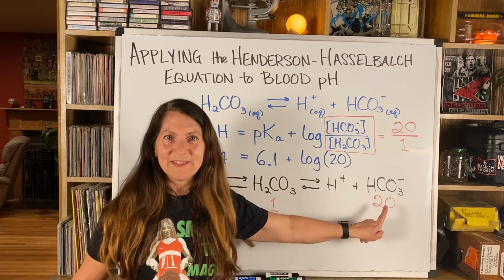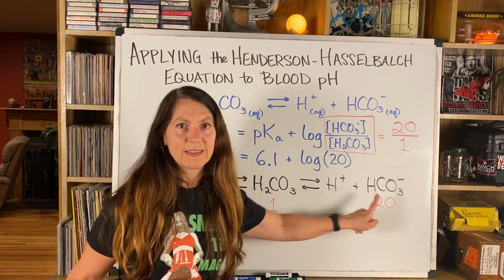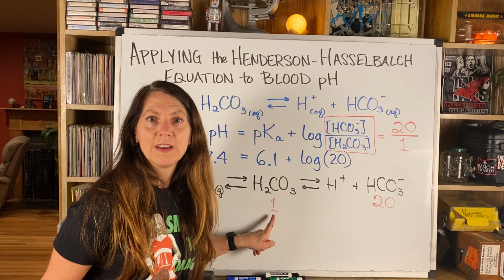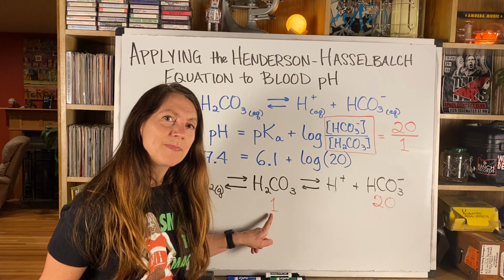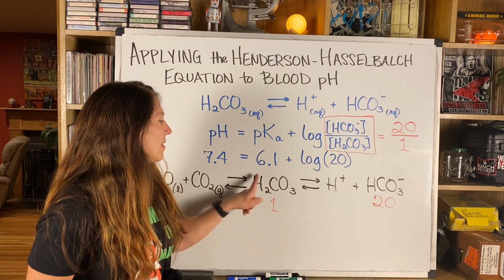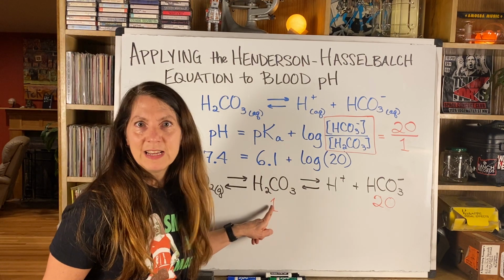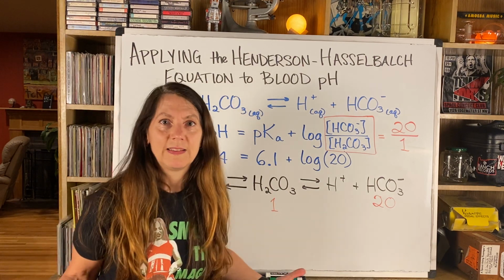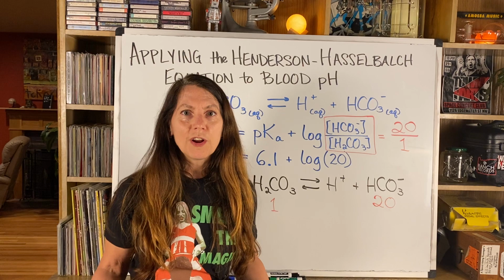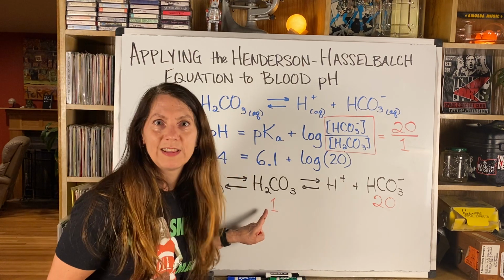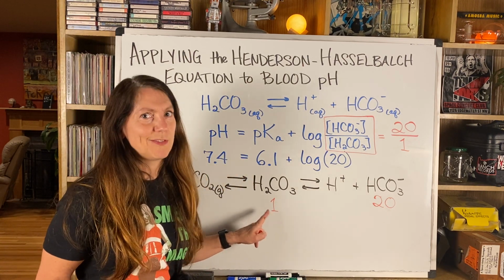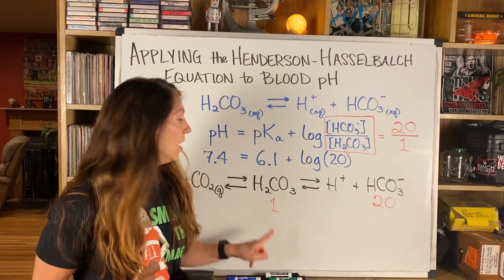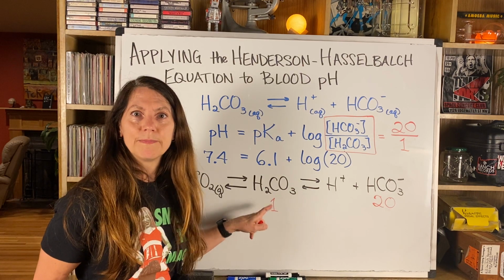We have a heck of a lot more of the bicarbonate than we do of our carbonic acid. So that means that this carbonic acid needs to be depleted somehow. The physiology in our body needs to be constantly getting rid of or reducing the concentration of the carbonic acid.